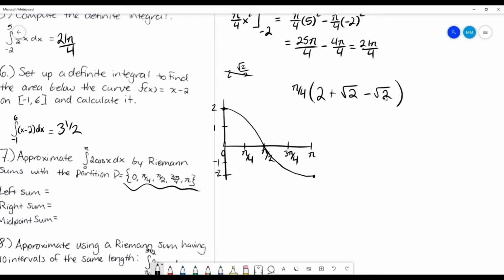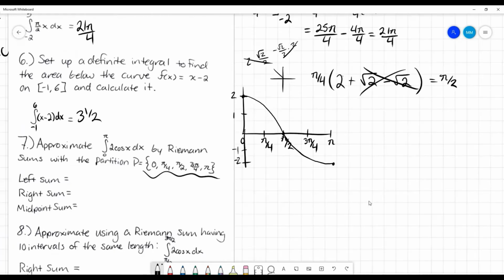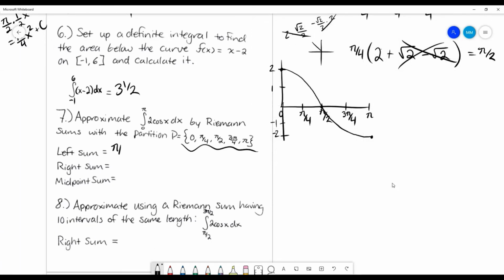Because of our unit circle, it's going to be right over here, so our cosine is negative. It's a negative square root of 2 over 2. Obviously, times 2 cancel. So then these cancel, and we get 2 times pi over 4, which is just pi over 2. So our left sum is pi over 2.